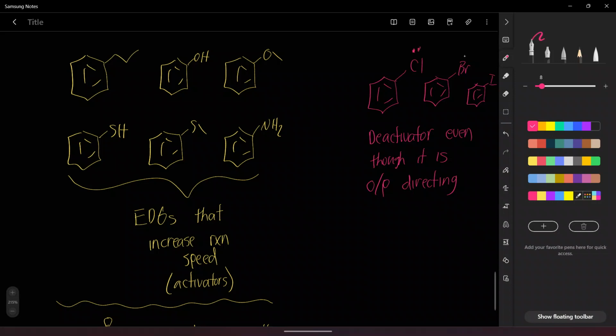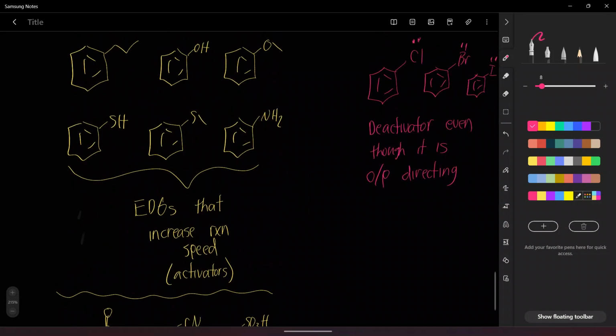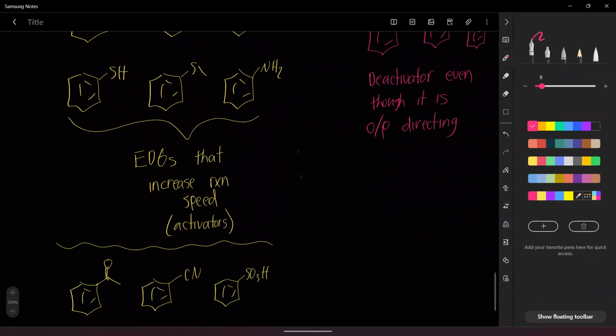They can donate their lone pairs via resonance, which is why they're OP directing, but they're so electronegative that the amount of electrons that they pull out ends up outweighing the electrons that they can donate via resonance. And so therefore, halogens are the only exception to the main rule that donating groups are activators and ortho-para directors, and withdrawing groups are going to be meta-directors.